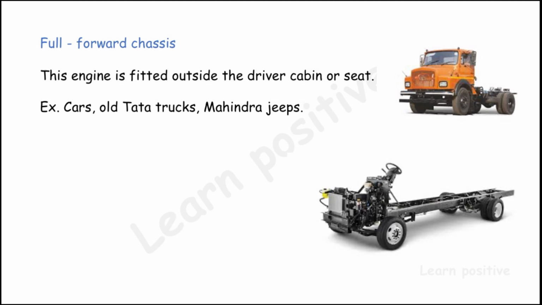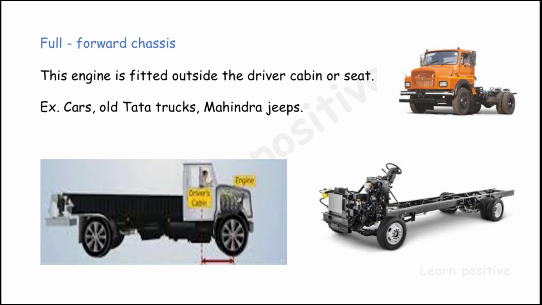So it is called the full forward chassis. I have given a clear diagram here. The driver cabin and the engine part are separate. As in all cars, we see the engine in front of the driver cabin itself. So this is called the full forward chassis.